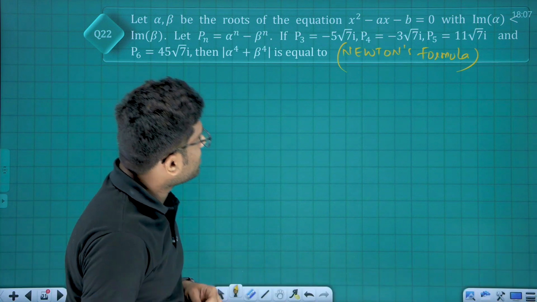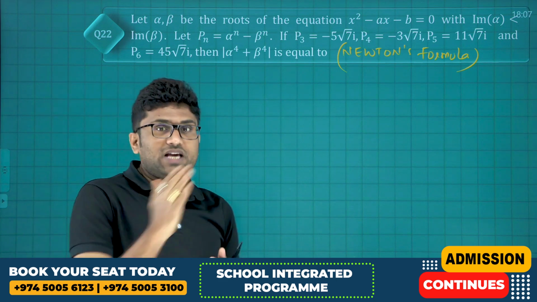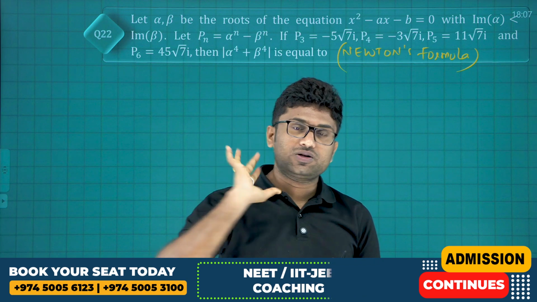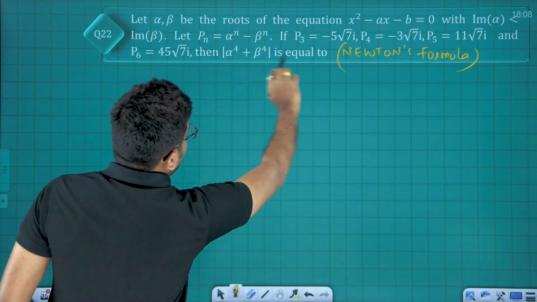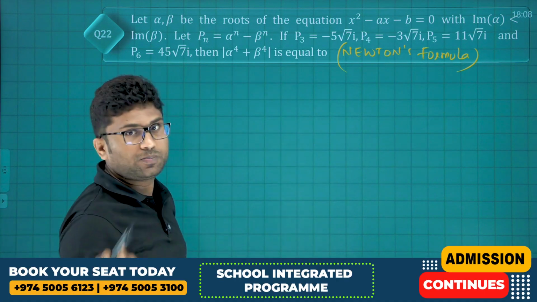x square minus ax minus b is equal to 0. We know Newton's formula is a times pn plus b times pn minus 1 plus c times pn minus 2 is equal to 0. Okay. Now, what have they given? P3, P4, P5 and P6. Let's start with P6.